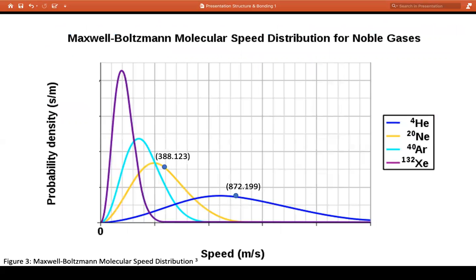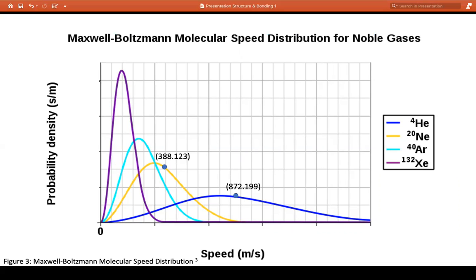In the question, they're asking us to draw the Maxwell-Boltzmann molecule speed distribution. Here you are. Please ignore the purple and the light green because we don't need them in the question.